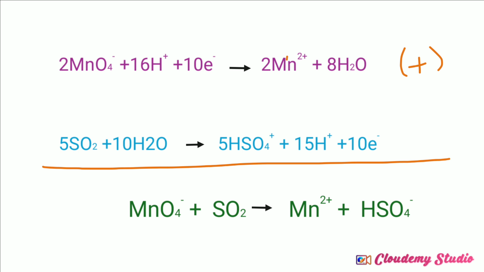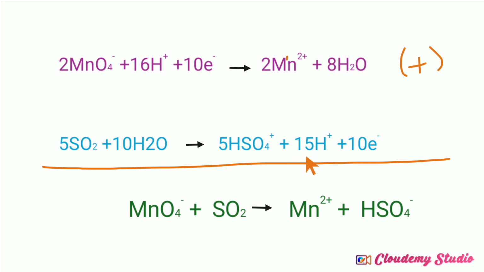While we are adding the equations, the same substance on the opposite side can be cancelled. What are the substances? Here 10 electrons, here also 10 electrons. Here 15 hydrogen ions on the right hand side, here 16 hydrogen ions on the left hand side.